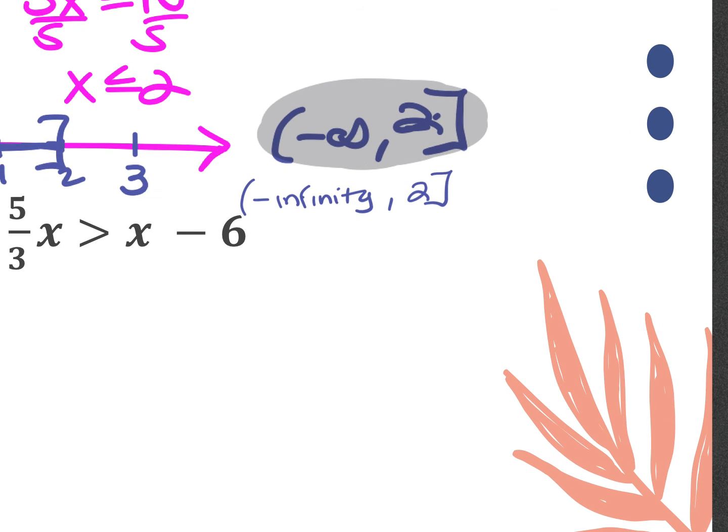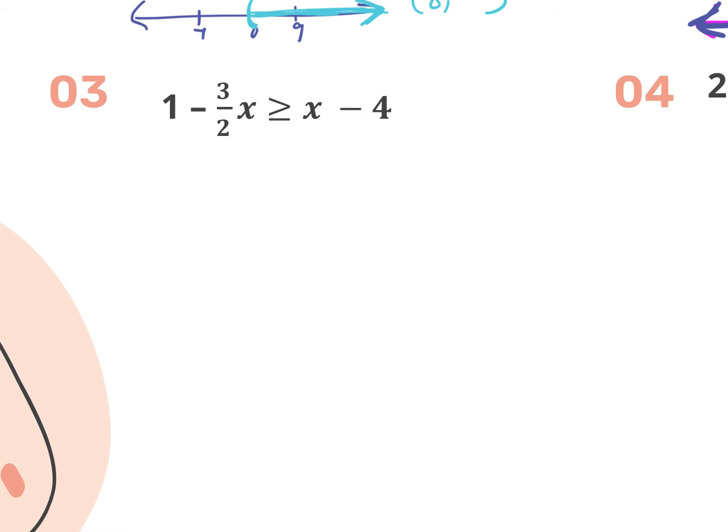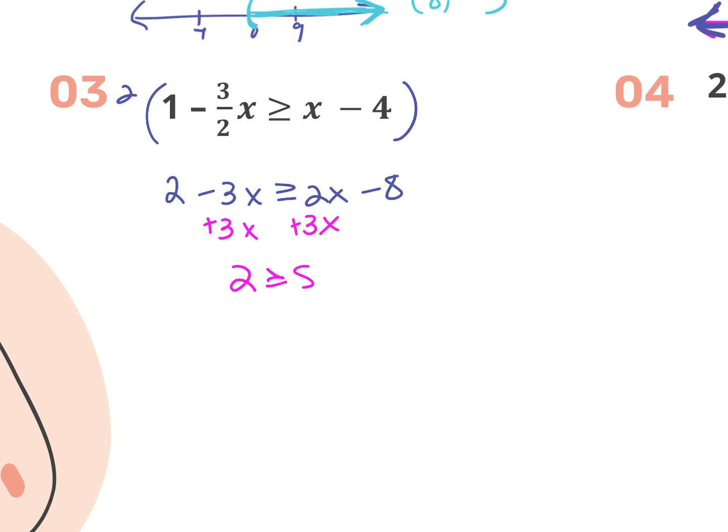Okay. All right, 3. What are you going to do first? Get rid of that fraction. Multiply by 2. So 2 minus 3x is greater than or equal to 2x minus 8. Make sure the 2 goes all the way across. Add the 3x. 2 greater than or equal to 5x minus 8. Add the 8. 10 greater than or equal to 5x.